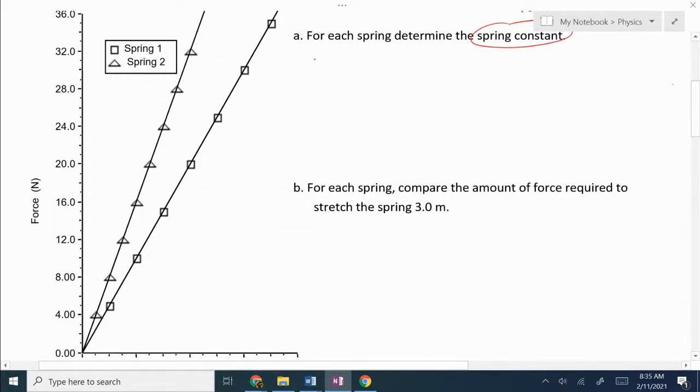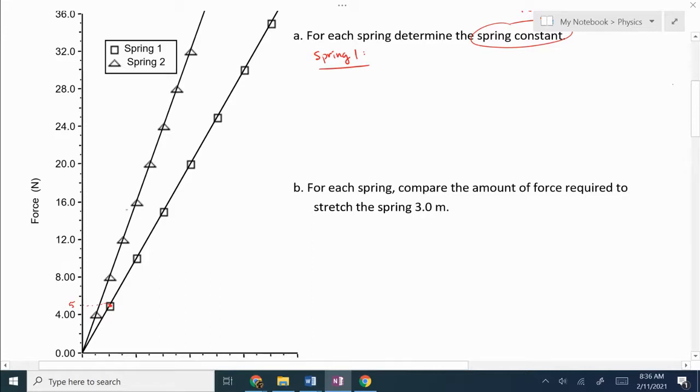Let's start with spring 1. To figure out the slope, just take any 2 points. We have this one right here, which starts at 5.